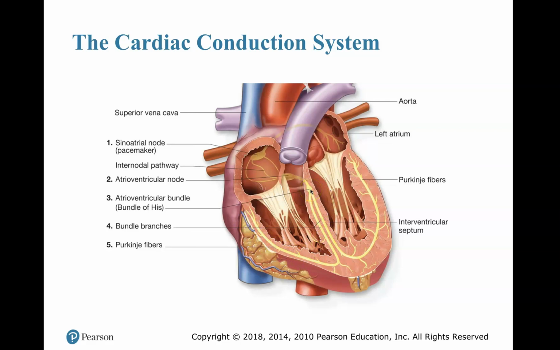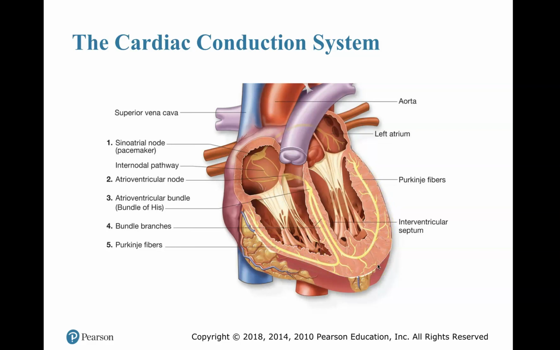This is the atrioventricular bundle, or the bundle of His. That's right, H-I-S, His. And then you have bundle branches, which go down the ventricles here. And then these little things that go back up the ventricles are called the Purkinje fibers.